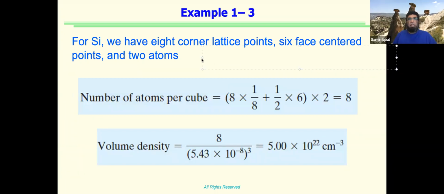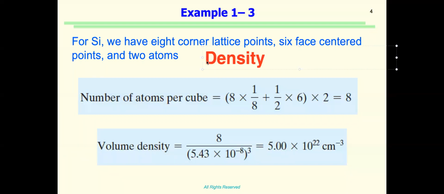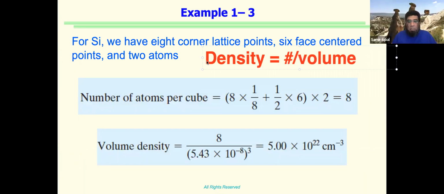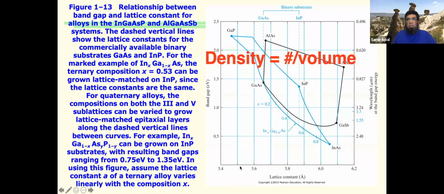So basically density is what? Mass per unit volume. Number divided by volume. The number is still the same. It's the same structure, diamond structure, or what you call zinc blende structure, because there are two different types of atoms. The number of atoms are still the same, but what happened? Let me go back to that example. Your lattice constant has gone up, which means the volume has gone up. The density has come down. All right, so that's one implication.